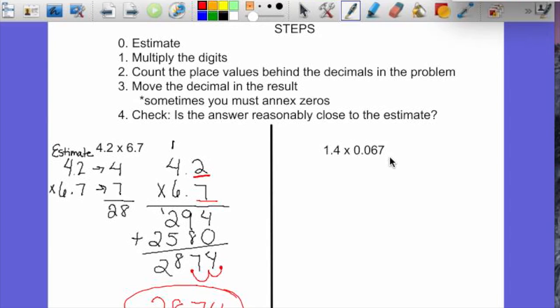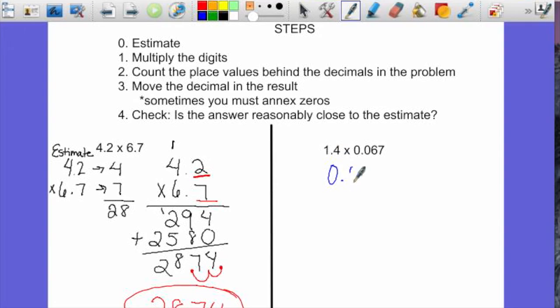To multiply this one, you can set it up any which way you want because it's multiplication and that's commutative property. But I'm going to choose to have the 67 thousandths on the top because it's easier for me to multiply that way. That way I don't have 4 different place values to think about when I'm multiplying. I only have 2. So let me set that up.